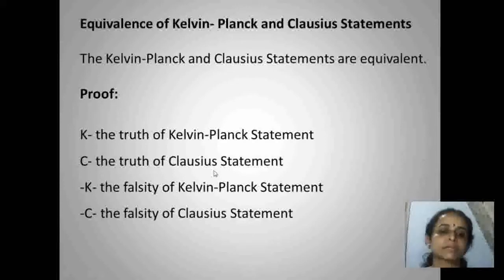If the Clausius statement is correct, then we can imply it as C. Then minus K represents the falsity of the Kelvin-Planck statement. If the Kelvin-Planck statement is false, then we can represent that by minus K. Similarly, minus C represents the falsity of the Clausius statement.